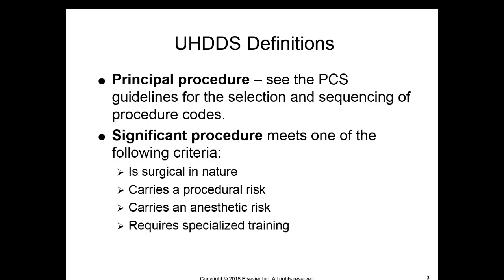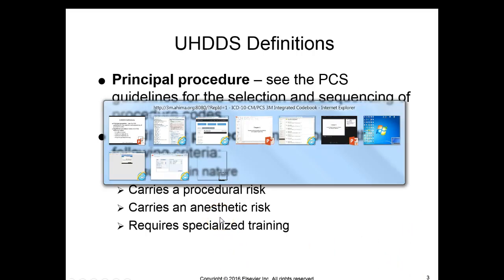It's not used for outpatients. It's not used in physician offices. It's not used in ambulatory surgery centers. CPT, current procedural terminology, is actually used in those outpatient settings for reporting procedures. So PCS is only for hospital inpatients.